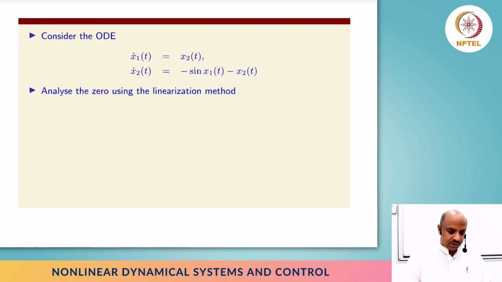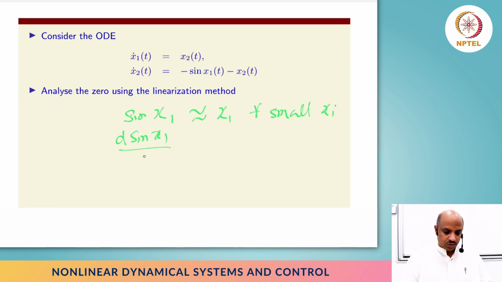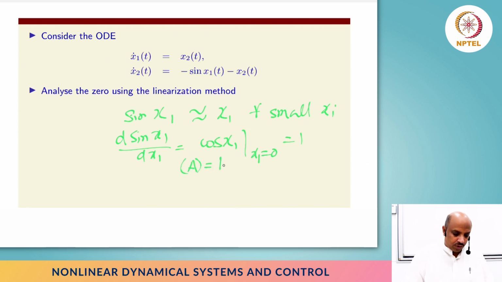In this particular case, you have sine of x1, which we know is approximately x1 for small values. On the other hand, d sine of x1 by dx1 is cosine of x1, which at x1 equals 0 produces 1. So that's the same as arriving at A for this scalar being 1.